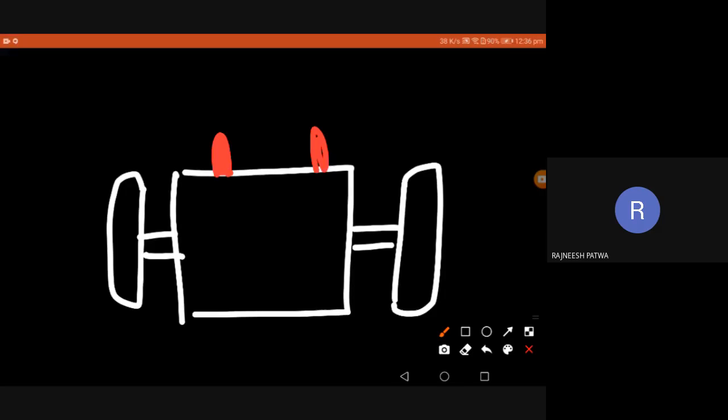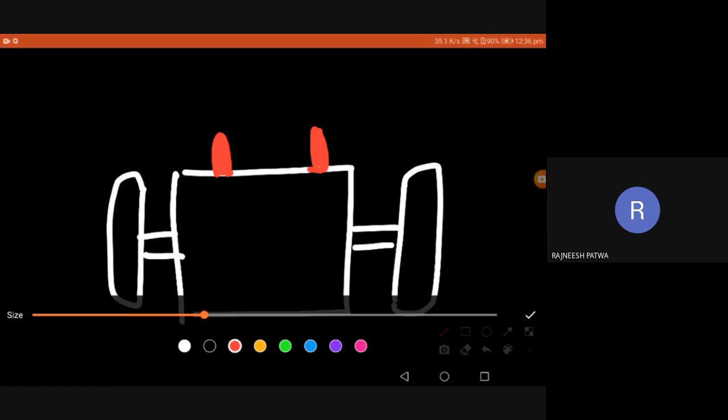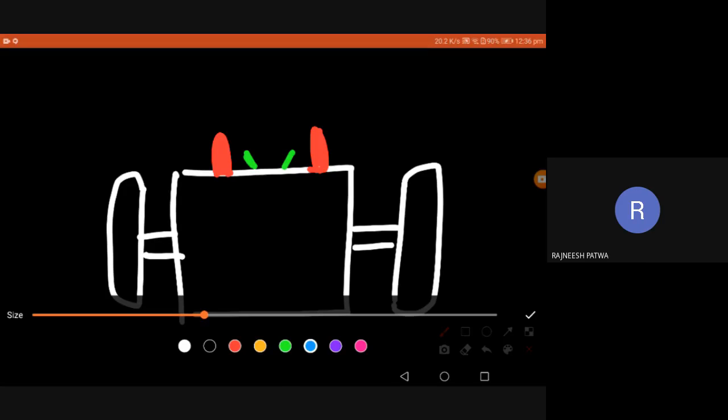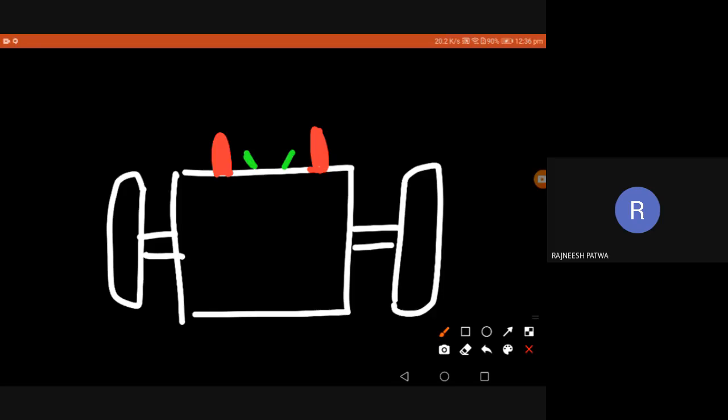For example, I'll modify this a bit. The sensor system is placed in such a way that my input transmitter is kept like this and the receiver is kept like this.